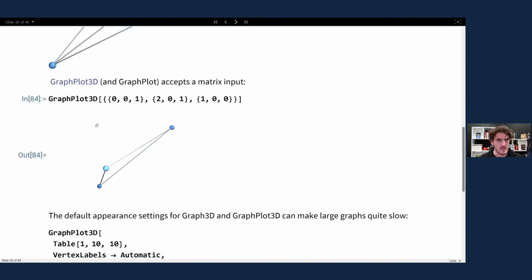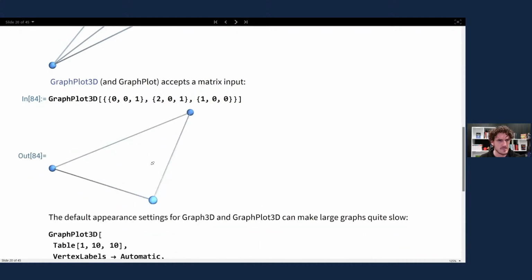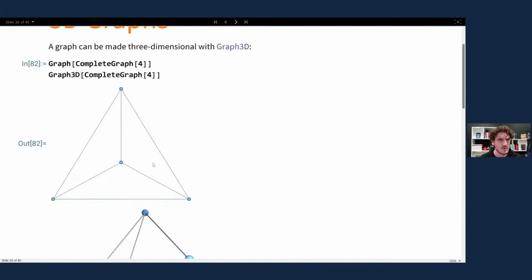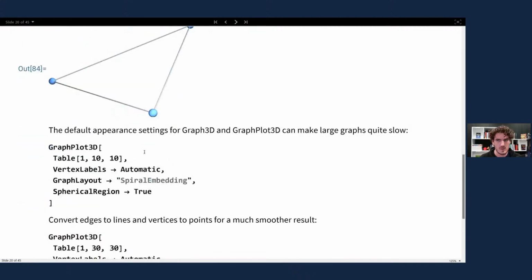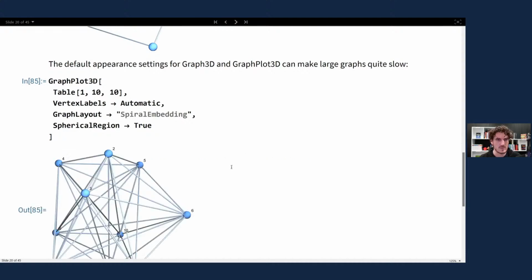You can also give it a list of lists here. And then there's some advice in the notebook of how to speed up the process of generating these.